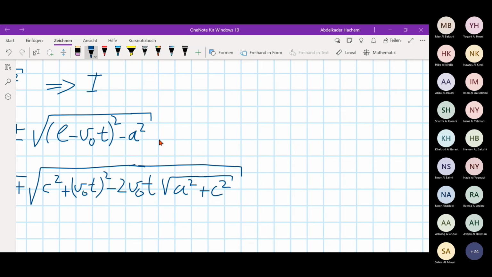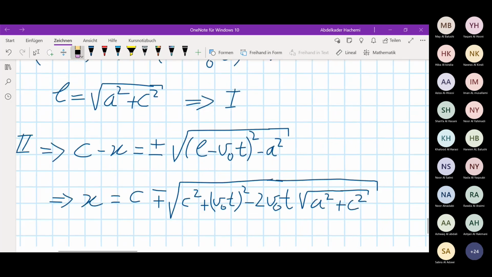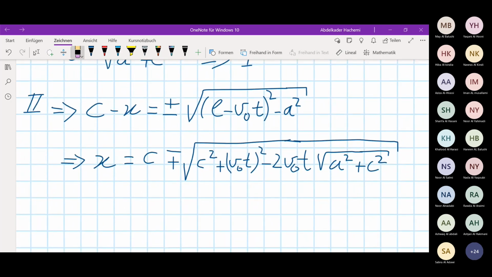Now we have two possible positions: X can be C minus this term, or X can be C plus this term.